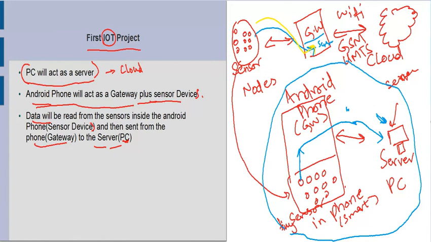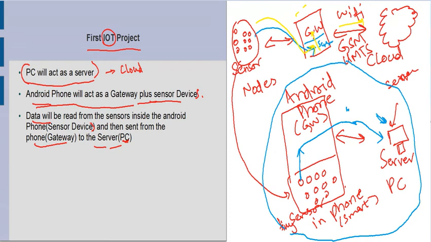The gateway and the sensors are located on the same device, and the same device is going to read the values from the sensors and also send the values to the cloud, and receive acknowledgement or whatever. This is the second topology.